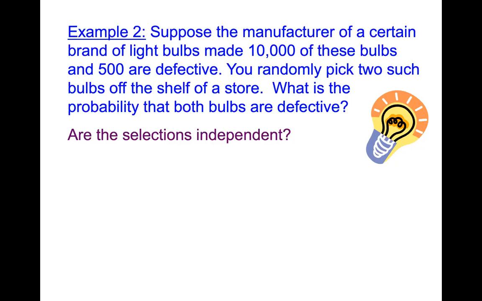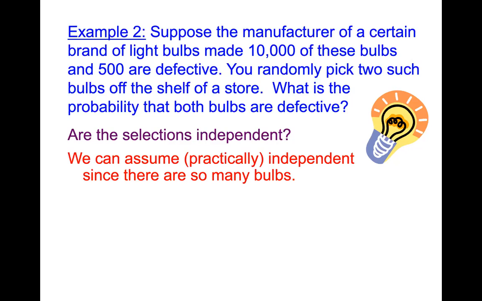If you pick one off the shelf, does that really change anything? Slightly, yeah. It's out of 9,999 now. Your denominator slightly changes. But because it's such a big group and you're only picking one, it really doesn't impact the 10,000, right?